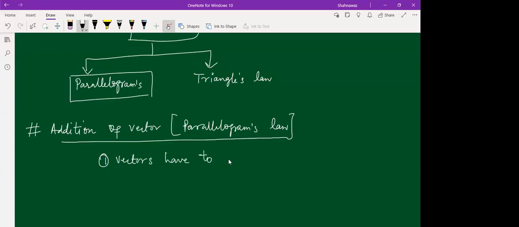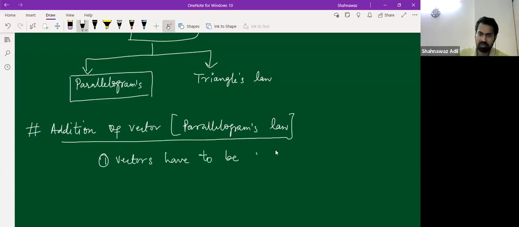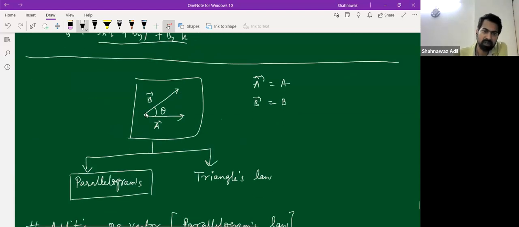Yes, sir. So this is the condition for the parallelogram. And we have to know about this angle. There is some angle that we have, and we have to measure the angle with the tails of these two vectors.